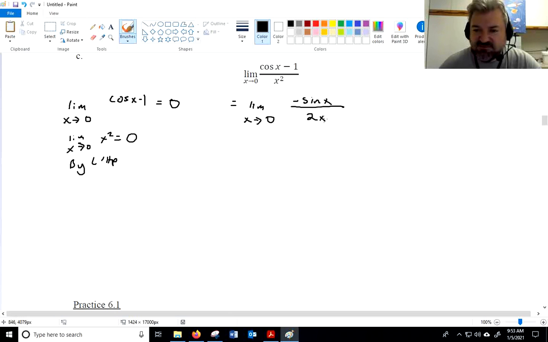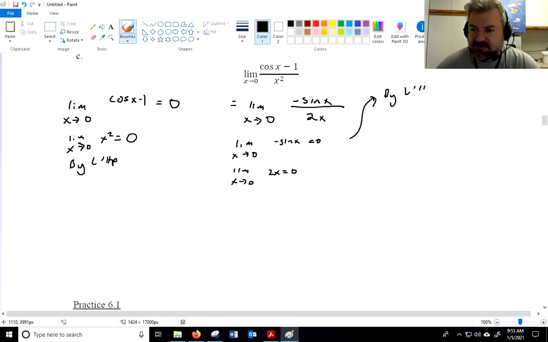So if I plug in 0 now, unfortunately, again, the same issue. So I'll try it again, just kind of whittling away here. The limit as x approaches 0 of negative sine of x is 0. And the limit as x approaches 0 of 2x is also 0. So again, by L'Hopital's rule a second time, we can say that this limit is the limit as x approaches 0 of negative cosine of x over 2.